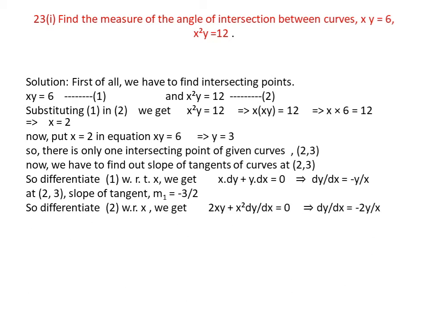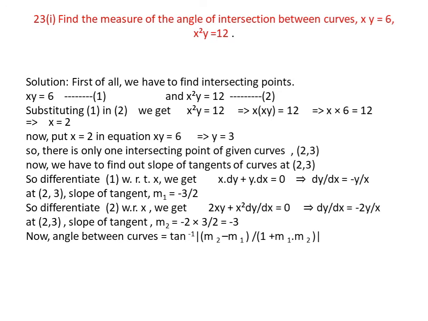Similarly, I am going to differentiate the second curve also, which gives me dy by dx as minus 2y by x. Now in this, when I put the point (2, 3), I get the slope as minus 3. Now I know the formula of the angle: the angle between any two lines is given as tan inverse of mod of (m2 minus m1) whole upon (1 plus m1 m2).